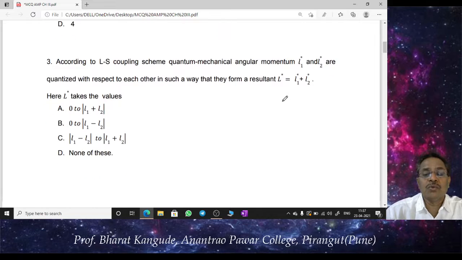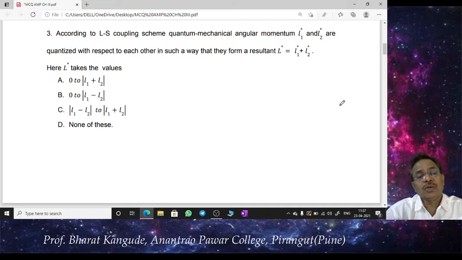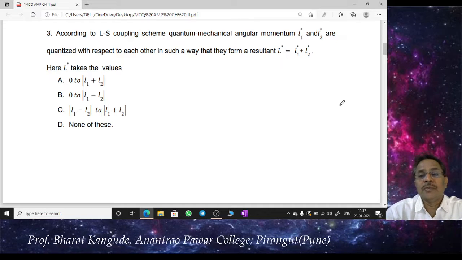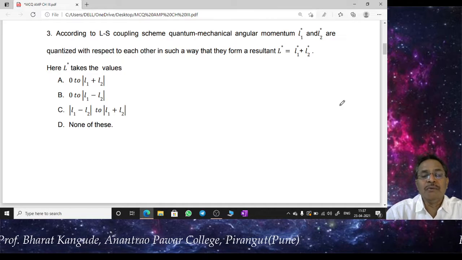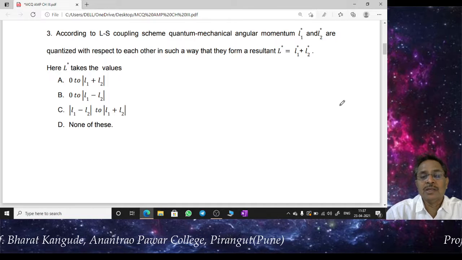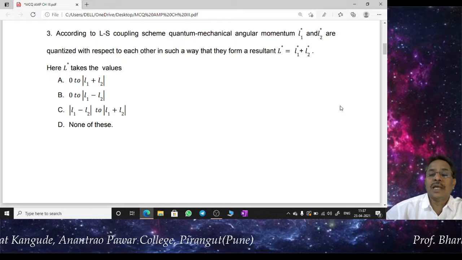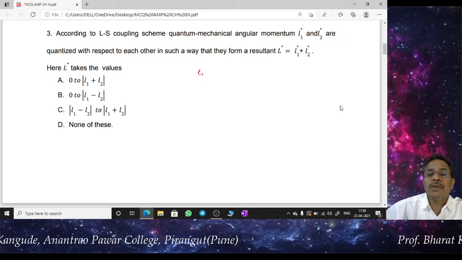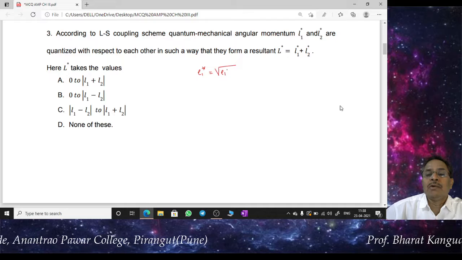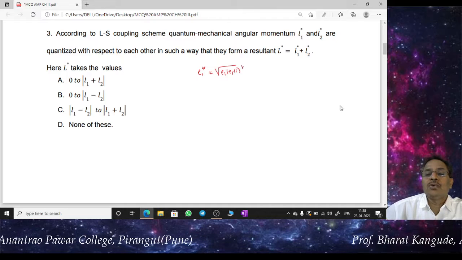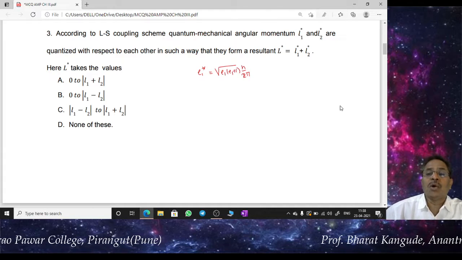Now we have to apply the LS coupling scheme according to question number 3. According to the LS coupling scheme, the quantum mechanical angular momenta L1 star and L2 star are quantized with respect to each other in such a way that they form the resultant L star, which is the vector addition of L1 star plus L2 star. In the earlier chapter we have seen that L1 star is given by root of L1 into L1 plus 1 into h upon 2 pi, where L1 is the orbital angular quantum number of electron 1.